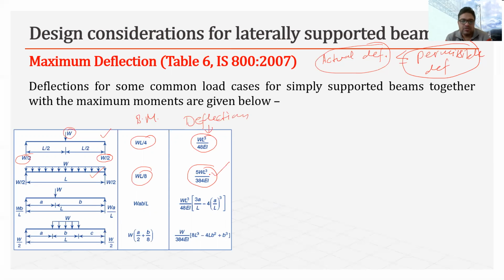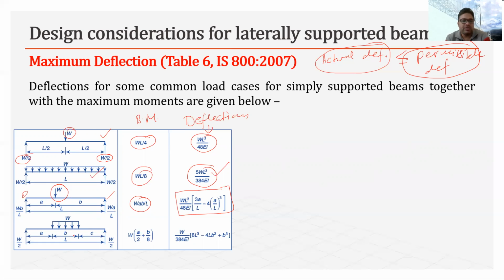Similarly, if the point load is not at the center but at another place in the beam, the bending moment will be WAB by L, and the deflection formula will be this one. Here, A is the distance of the load from this support and B is the distance of the load from the right support.